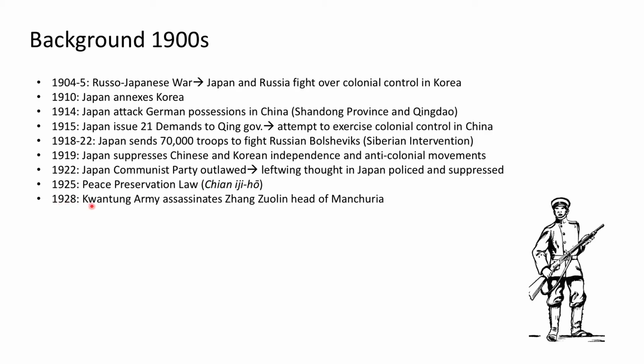In 1928, the Kwantung Army, this in Japanese would be Kanto-gun, assassinated Zhang Zuolin, head of Manchuria.